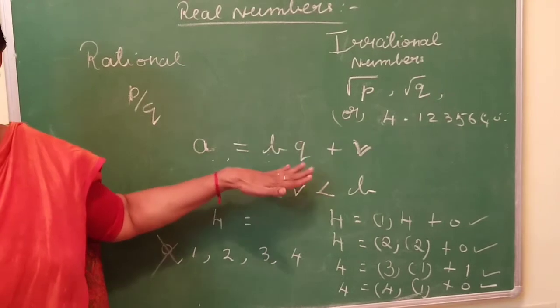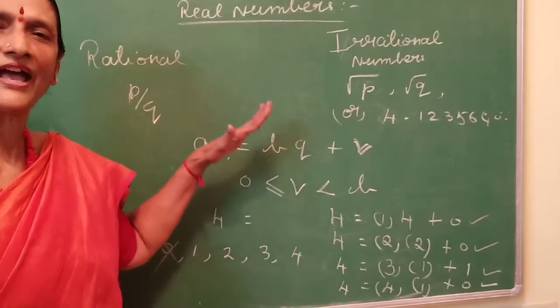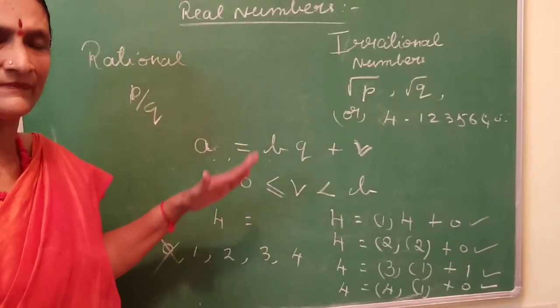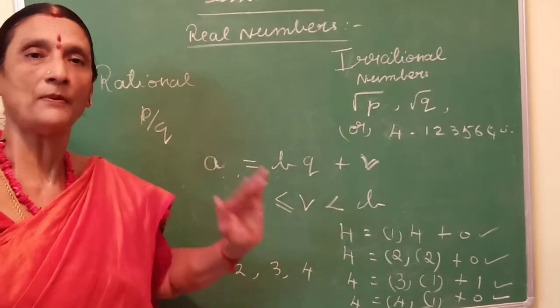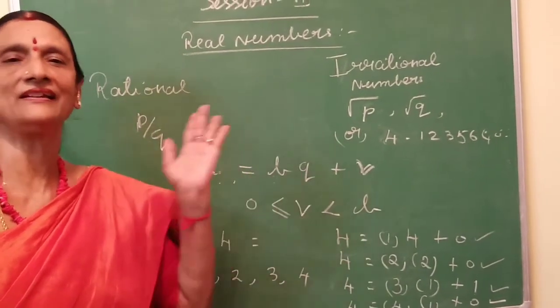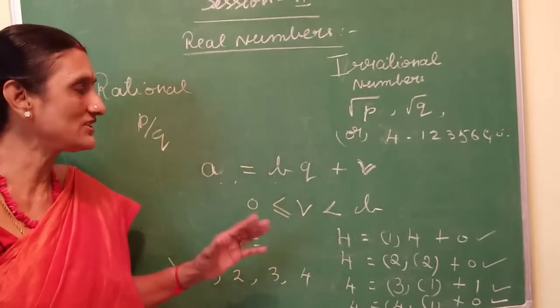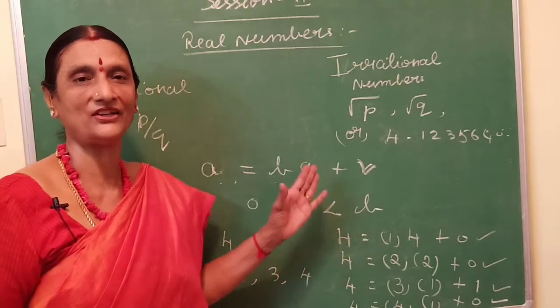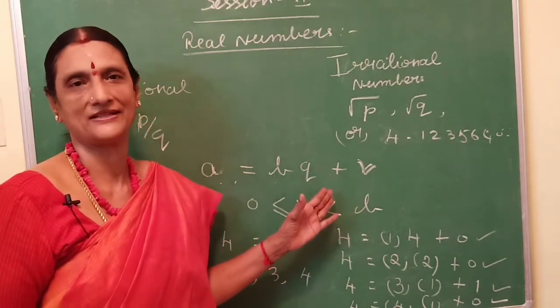Therefore, it is the very basic principle that you have studied in your lower classes as the division algorithm, which you are going to study further in your following classes. Are you understanding? We are going to bring the analogy between the division algorithm and Euclid's division lemma. This statement is very important.